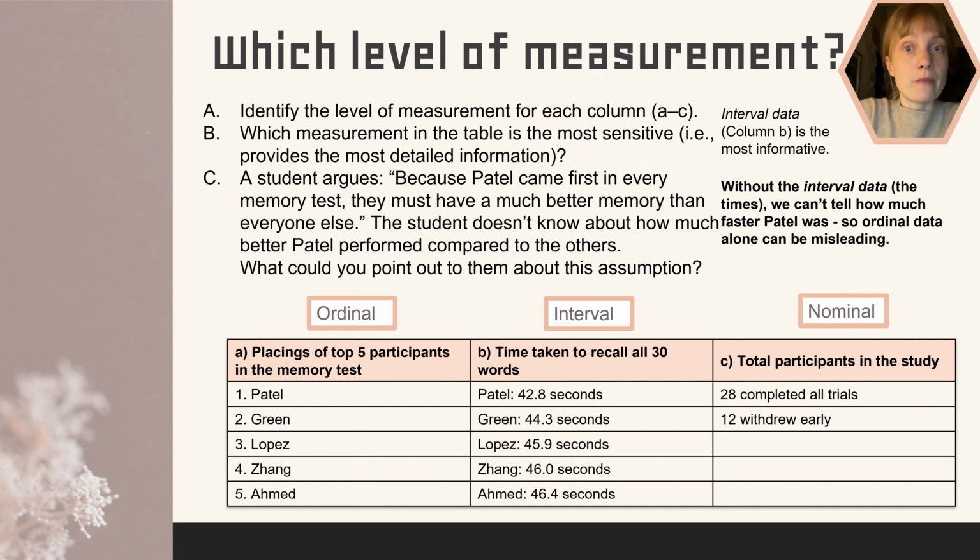This is a great reminder of why levels of measurement matter. The ranking, ordinal data, tells us Patel was first, but not by how much. Without the interval data, the times, we can't tell whether Patel was only 0.2 seconds faster or 20 seconds faster. So ordinal data alone can be misleading.